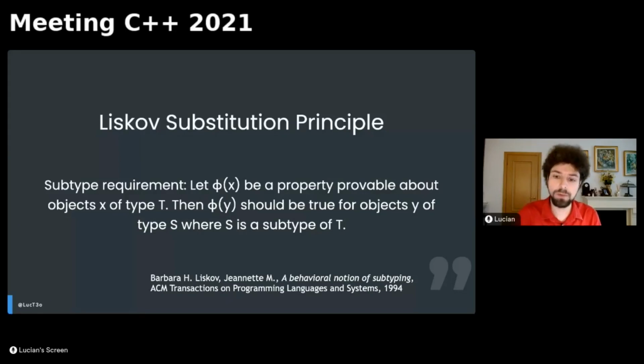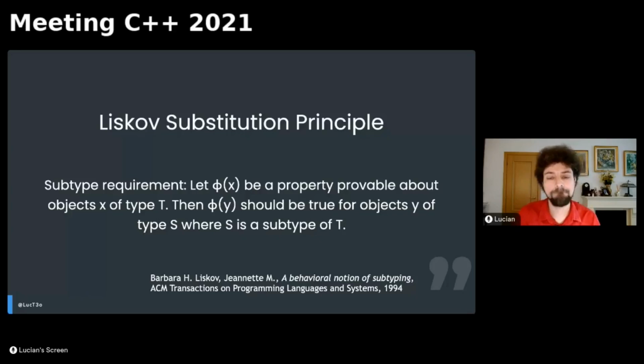I'm quoting from the '94 paper. Subtype requirement: let phi of x be a property provable about objects x of type T, then phi of y should be true for objects y of type S, where S is a subtype of T. Basically, you can use this definition to tell what the subtype relation means.